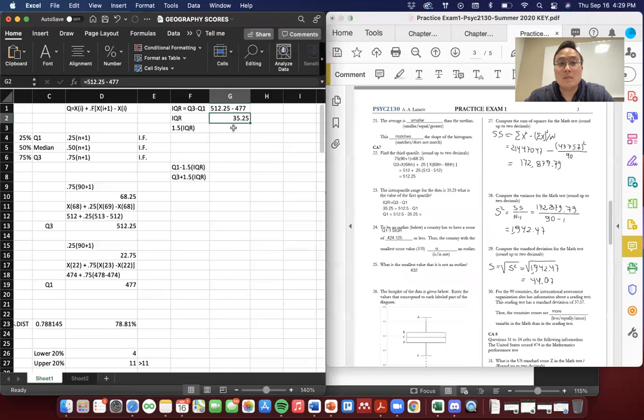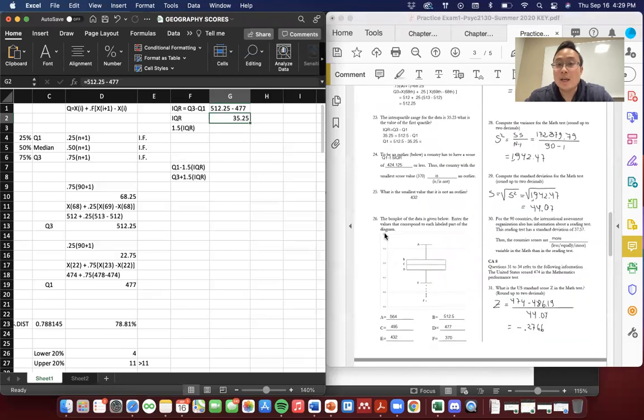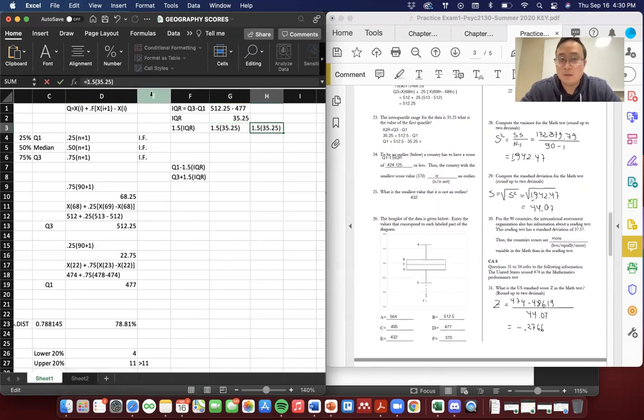We're gonna multiply the interquartile range by 1.5, and we're gonna subtract it from Q1 and add it to Q3 to figure out our whiskers, A and E. So let's do that. I'll just write it out just to be safe for everyone. More steps, but hopefully don't lose anyone.